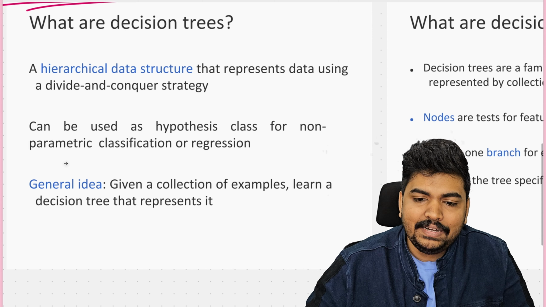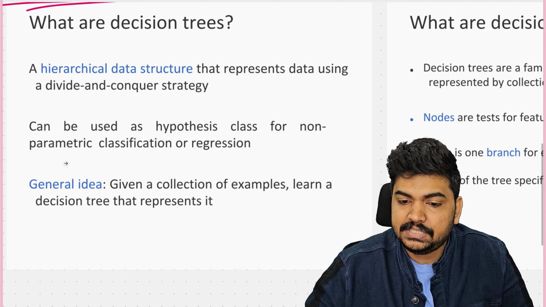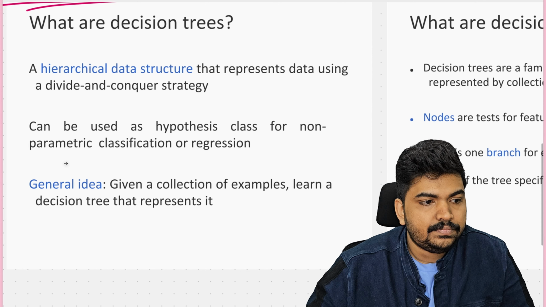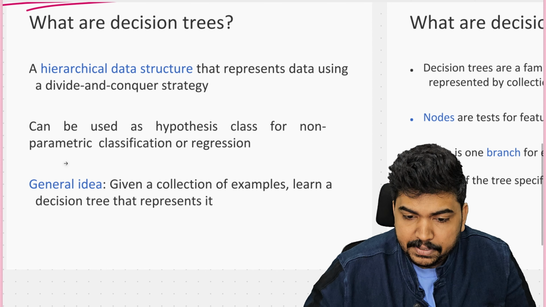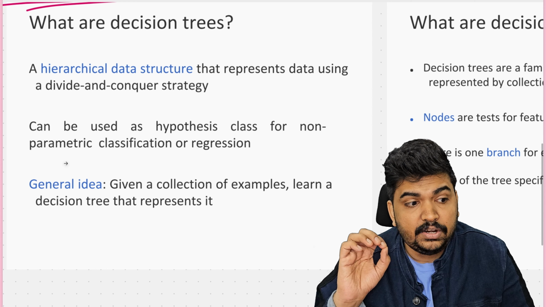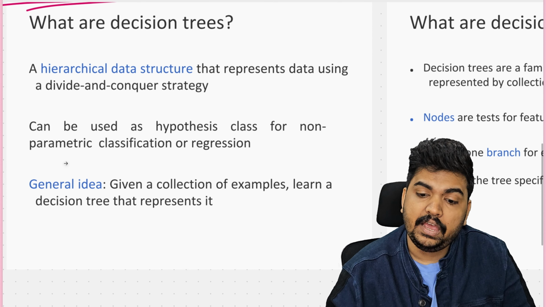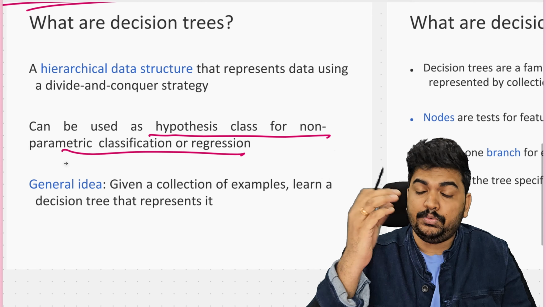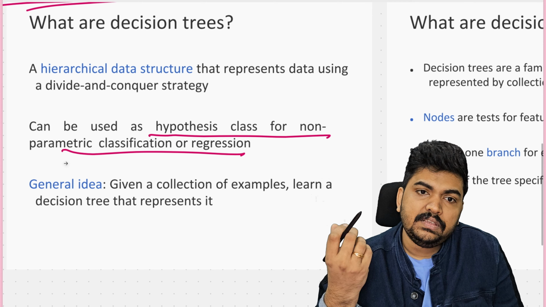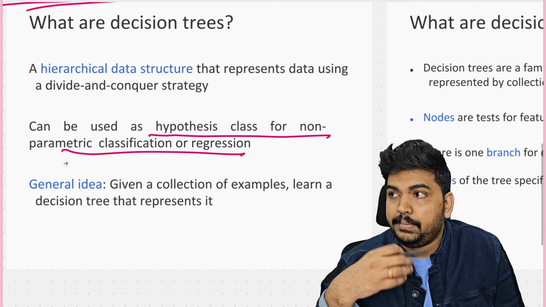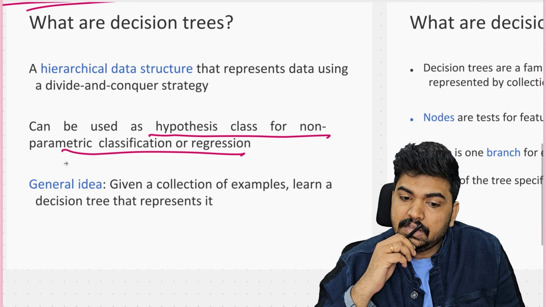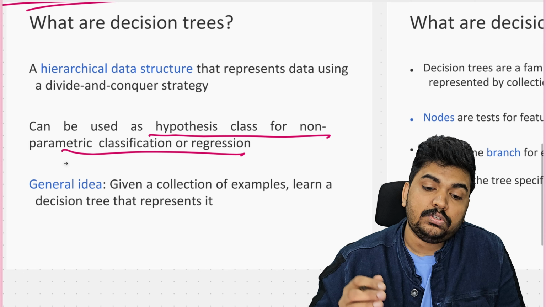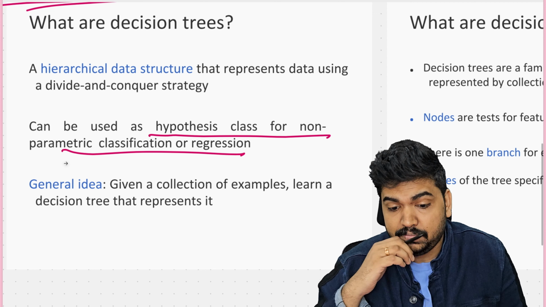A decision tree is a hierarchical data structure that represents data using a divide and conquer strategy. Now it also happens that this data structure can be used as a hypothesis space. We discussed what a hypothesis space is: a space of possible hypotheses or functions, and the hierarchical data structure that we use to compactly represent our data can also be used as a hypothesis space.